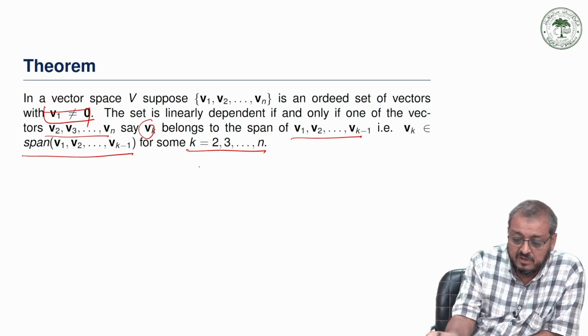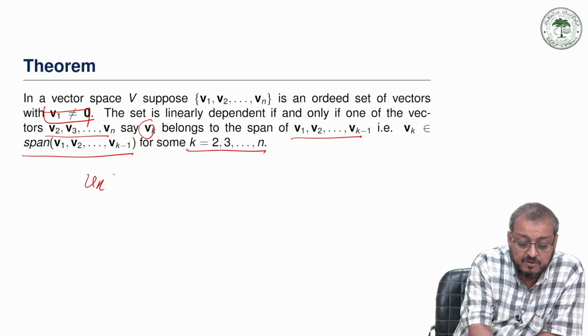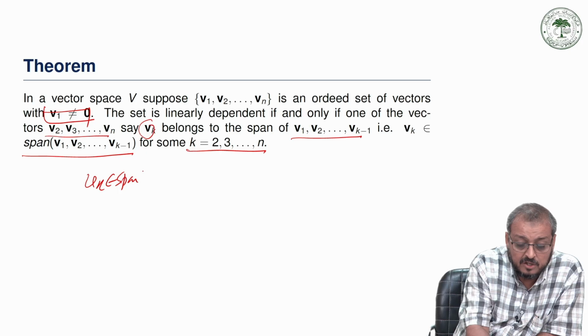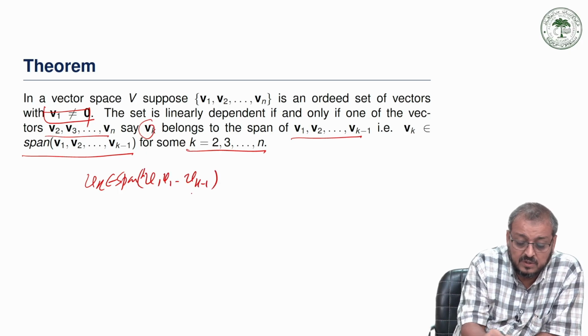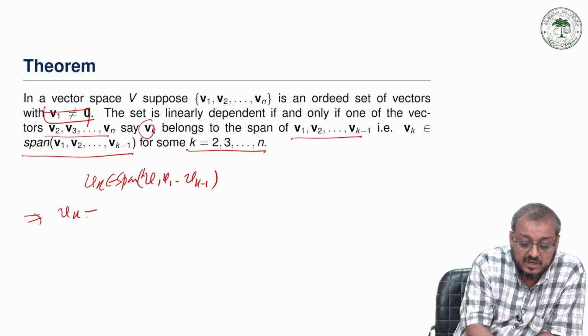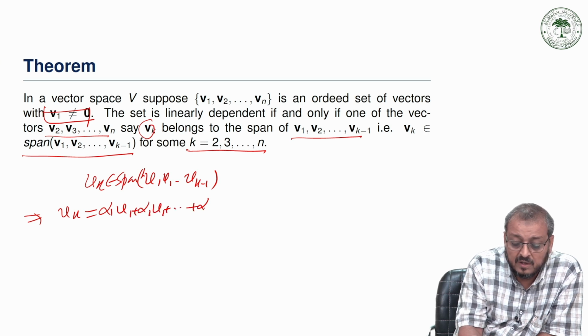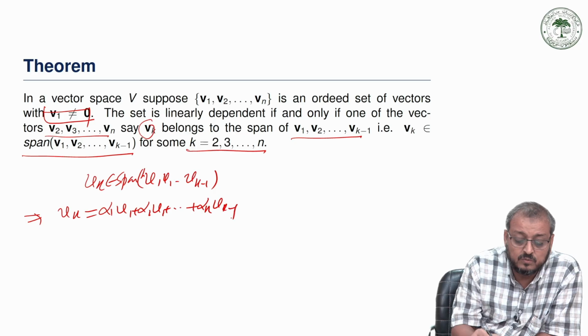One way is very trivial. Suppose we have vk belonging to the span of v1, v2 up to vk minus 1. This implies that vk can be written as a finite linear combination of these elements: alpha 1 v1 plus alpha 2 v2 and so on, plus alpha k minus 1 vk minus 1.